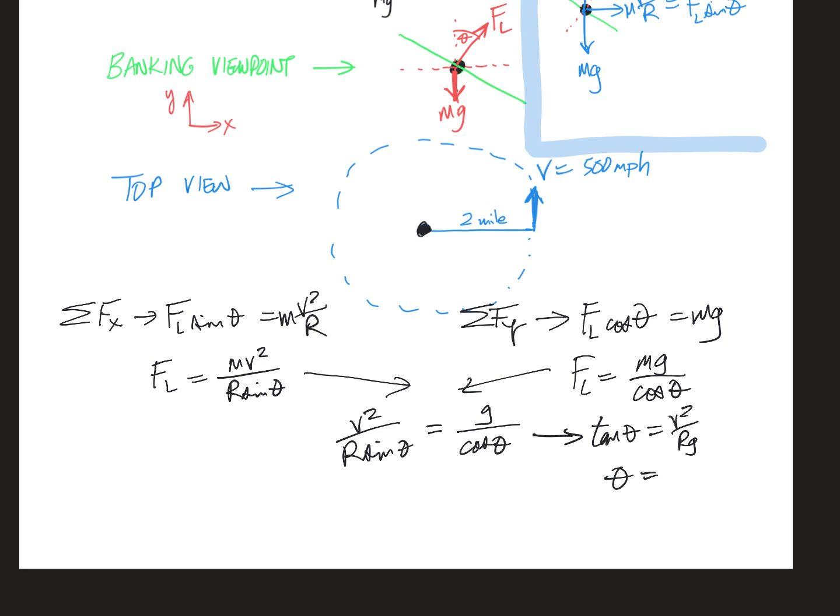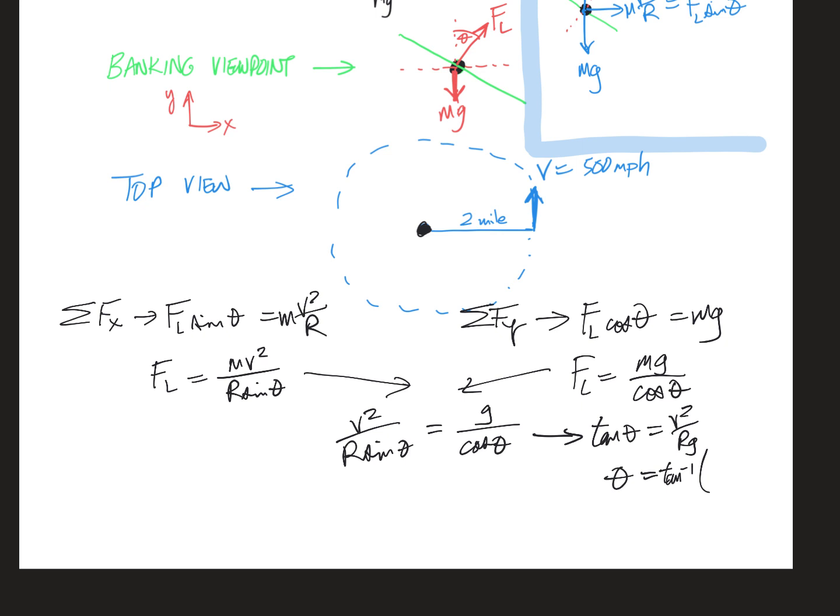And so if you do the inverse tangent of all that, since we have 500 miles per hour, we'd have to convert miles per hour into at least feet per second. So it'd be some number of feet per second.